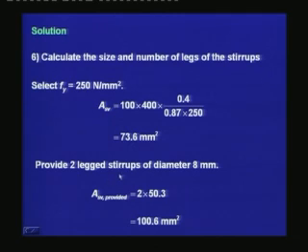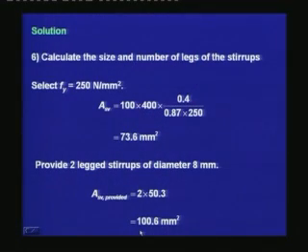Provide two-legged stirrups of diameter 8 millimeter. Thus, we are providing Asv equal to 2 times 50.3 equal to 100.6 millimeter square. The required value was 73.6. We are providing 100.6 millimeter square.